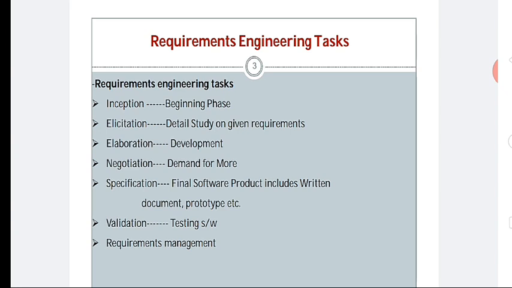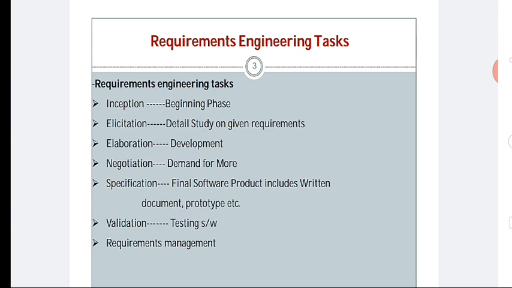Then the second phase is elicitation. Elicitation means whenever we get the requirements from the user, we have to analyze these requirements in detail. That work is carried out in the elicitation process. So elicitation is the detailed study of the given requirements. Then the third phase of requirement engineering is elaboration.